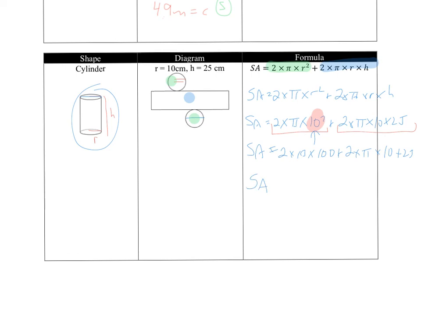When I do that multiplication, I get 2 times pi times 100, I get 628.3. And if I do 2 times pi times 10 times 25, 1,570.8. And when I add them together, I get 2,199.1 centimeters.